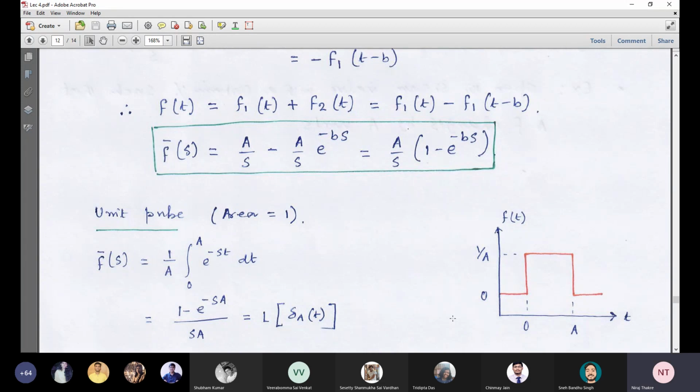Whenever we are coming to this type of structure like rectangle, square, we need to make the area 1.